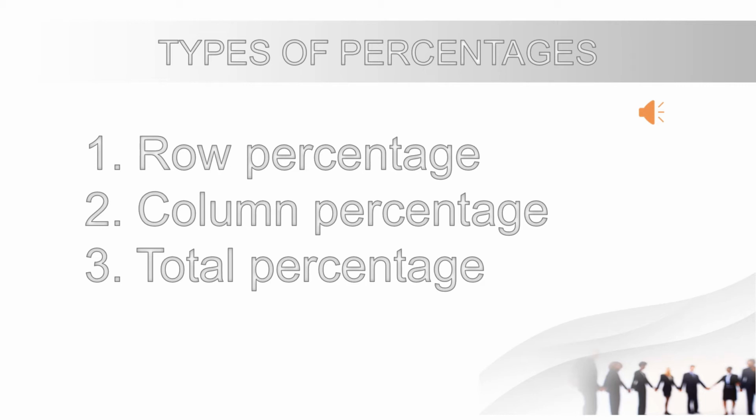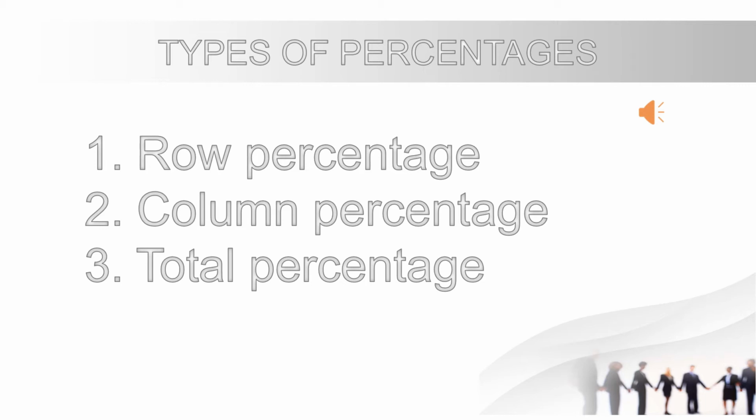For ages 25 to 34, the percentage is 12.5, so there are two out of 16 who are strongly favorable towards uranium mining. This is how you interpret the row percentage.